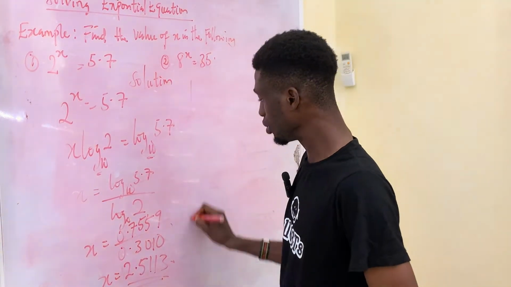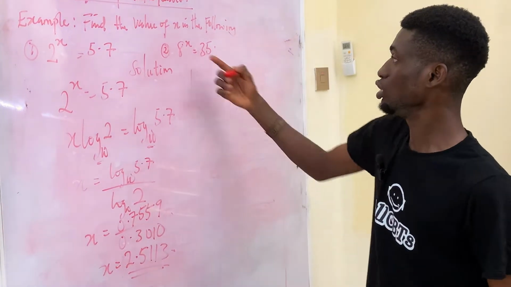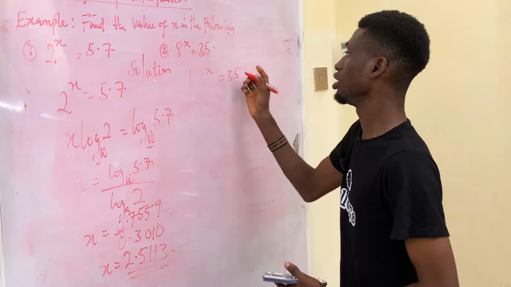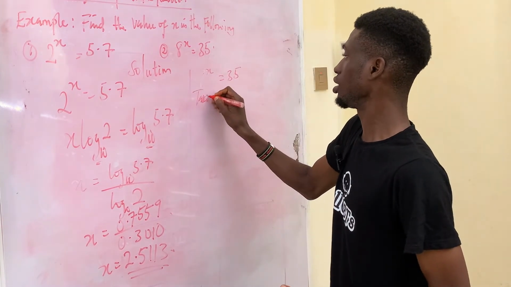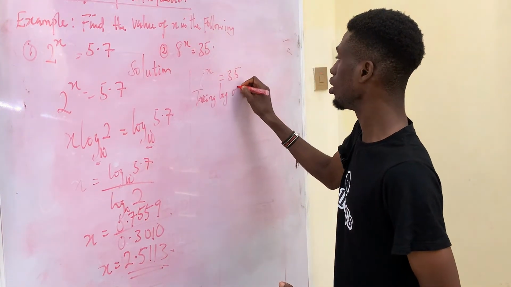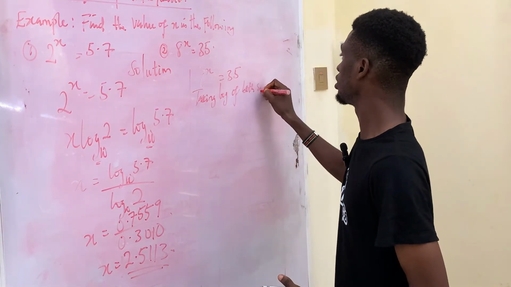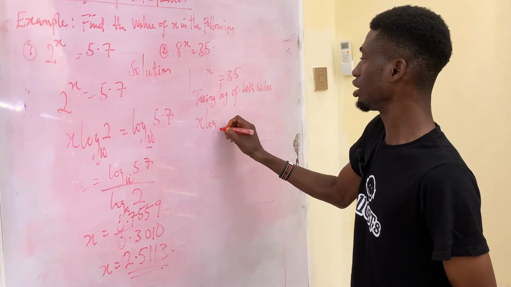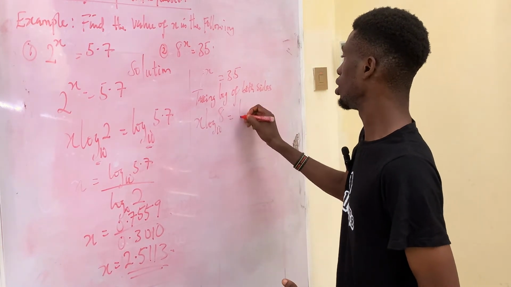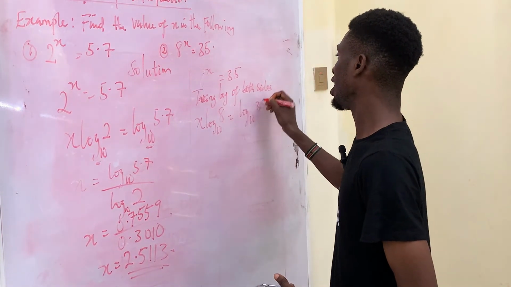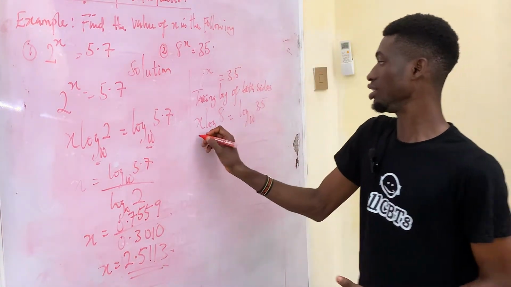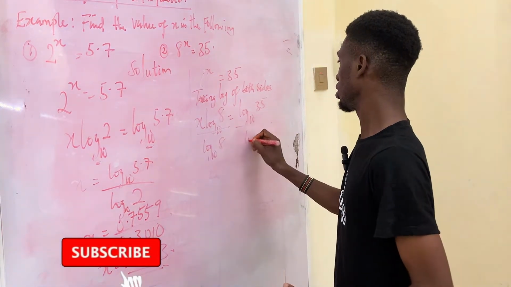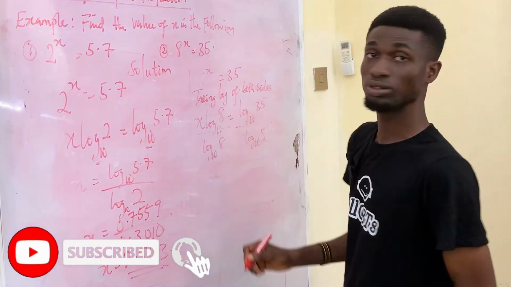So it's still the same process I'm going to use for this. You have 8 raised to the power x equals 35. Now taking log of both sides, you have x log 10 8 equals log 10 35. So you are looking for x, divide both sides by log 10 8.